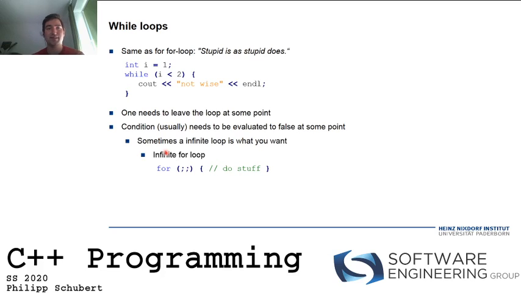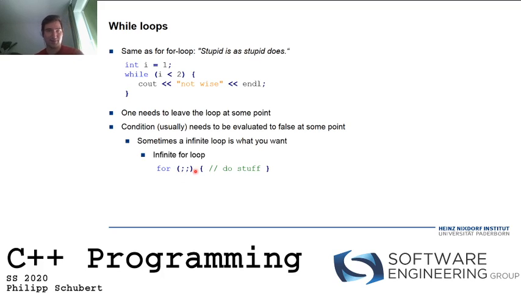At some places, an infinite loop is exactly what you need. For instance, say you need to implement some special software for some microcontrollers or such things. Then you could also write such a for loop. I told you that all components in the parentheses-enclosed list of a for loop are purely optional.